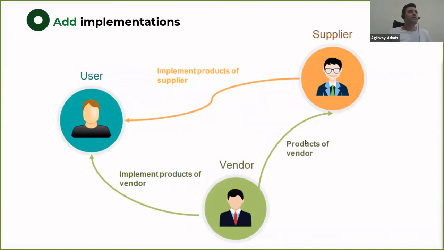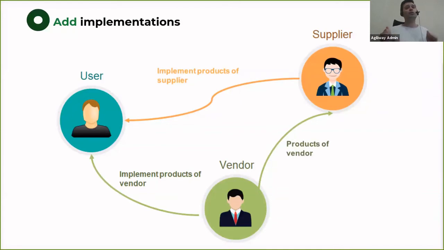Okay. Next, I would like to tell you about implementation. As I already told, implementation is like the combination of services and products. And there are two ways you can add an implementation in your account.